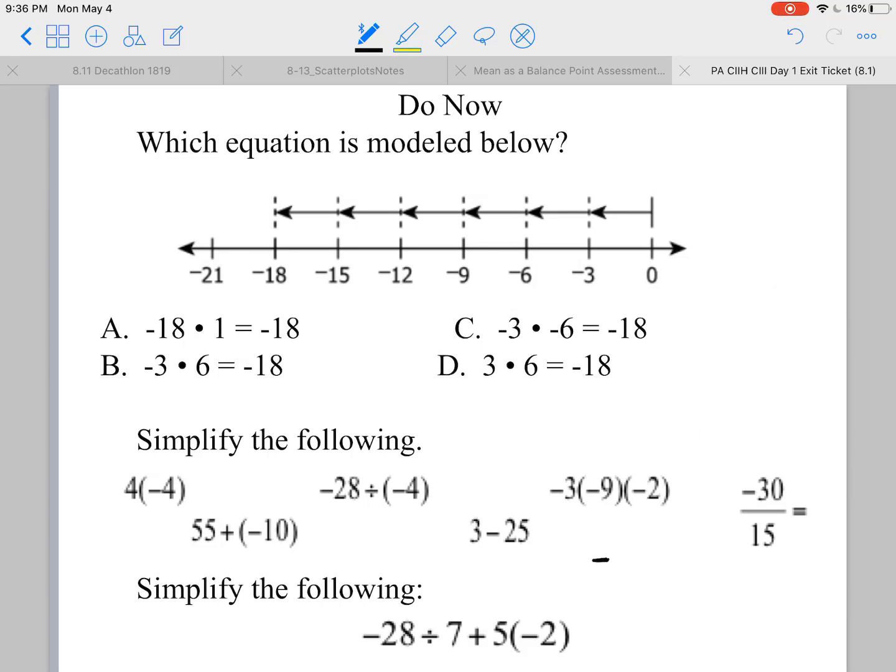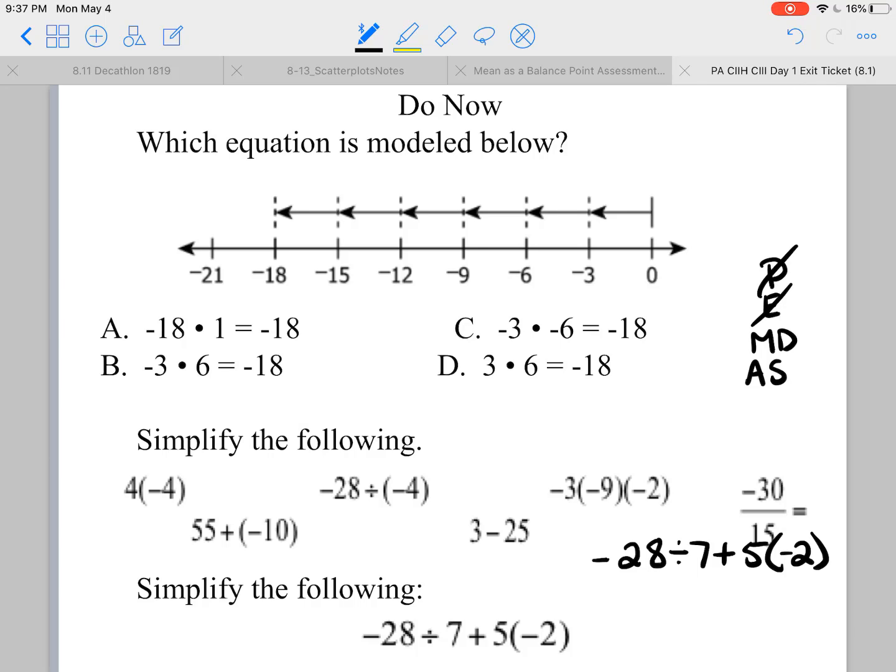Finally, let's go over this order of operations problem for the day. Remember that our order of operations goes parentheses, then exponents, then multiplication, division, left to right, and addition, subtraction, left to right. We do have parentheses in this problem, but there are no additional operations happening inside of them, so we skip it.